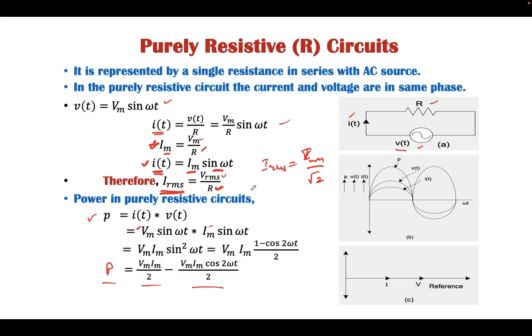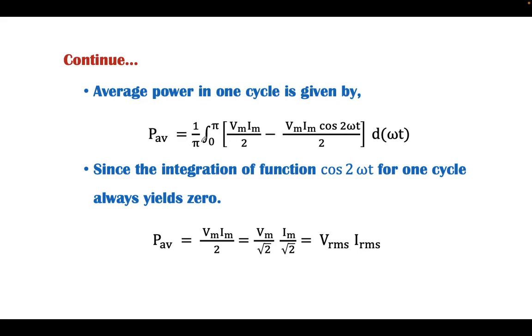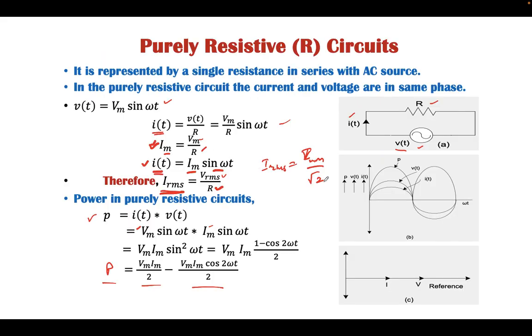Now considering the cycle over the period 0 to pi, this is the waveform for voltage, and this is the waveform for current. Because v is equal to Vm sin omega t and i is equal to Im sin omega t, the phase lead or lag between the two is 0, and hence both quantities are in the same phase.